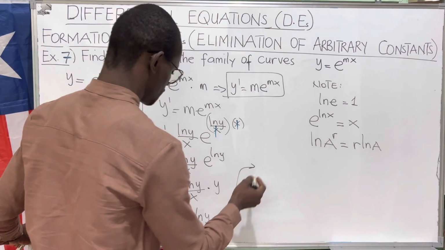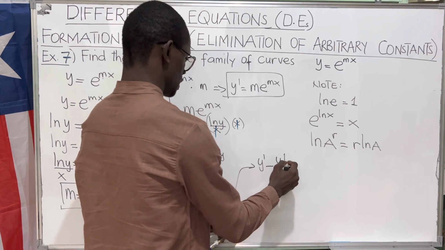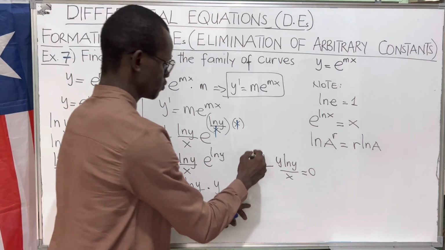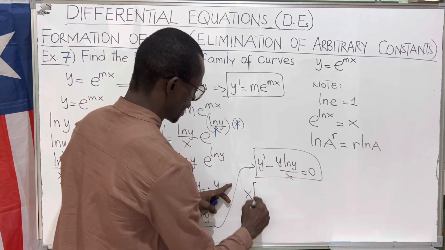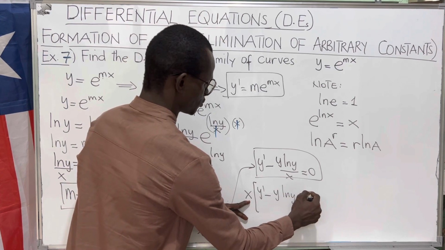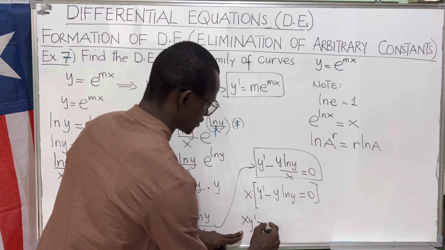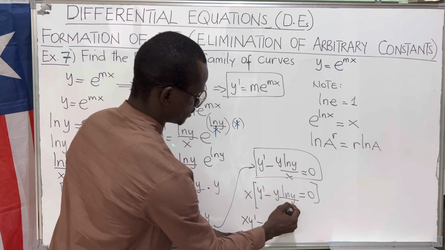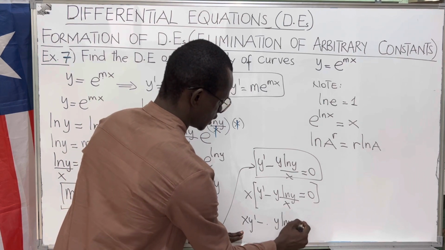Or we could rewrite this differential equation as y prime minus y ln of y all over x equals 0. This is one way we could write it. Another way is we could multiply the entire expression by x. So if we do that, we'll have x y prime minus, because this is x, so x times this, x and x will go out, so it's just y ln of y equals 0.